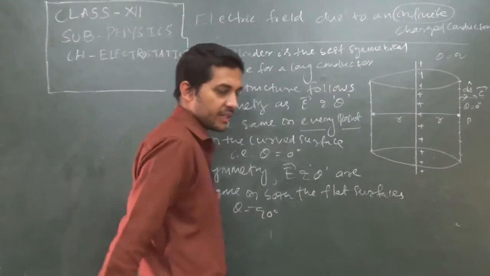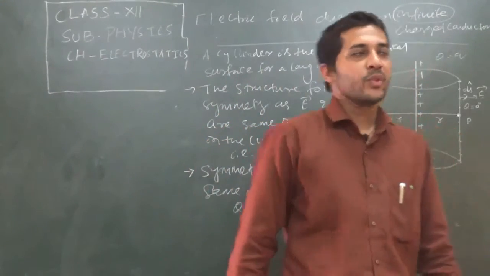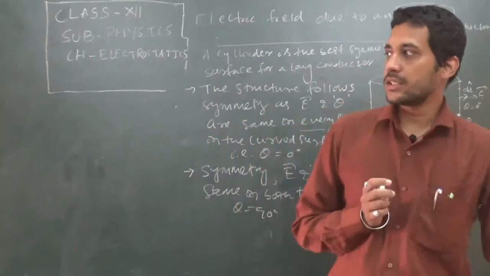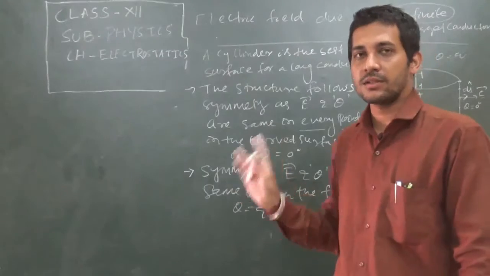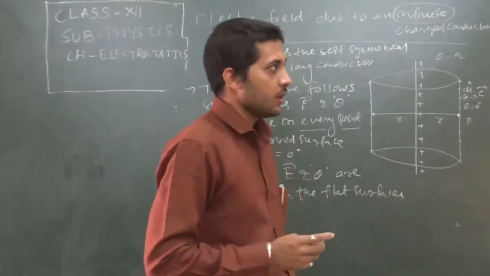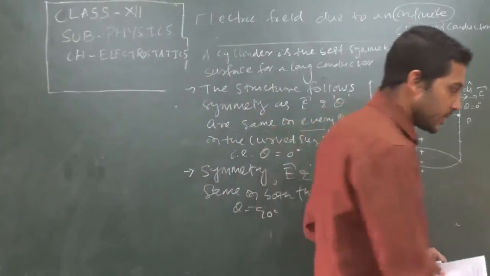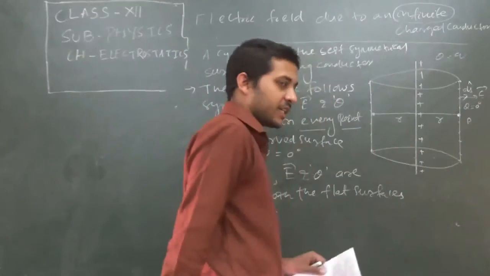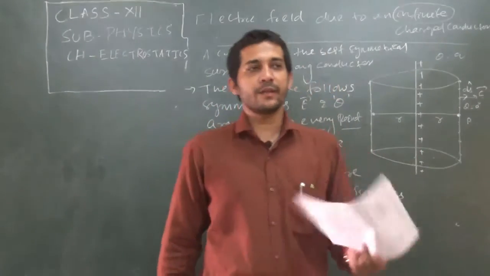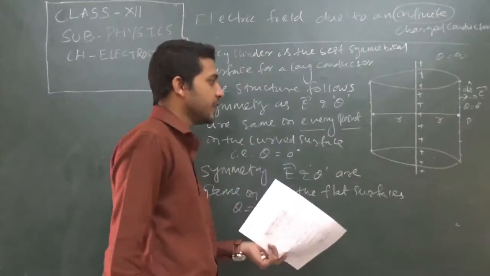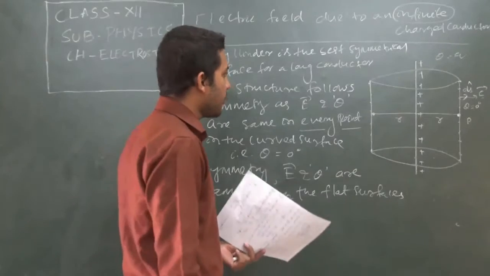It will be 90 degree. So this is the fulfillment of the condition for our symmetric concept. Got this one? So now we will go to the second step which we read. When we are proceeding to prove the expression for electric field for any kind of structure using Gauss theorem, the first process is that they need to maintain the symmetry. Now we will go for the second one.